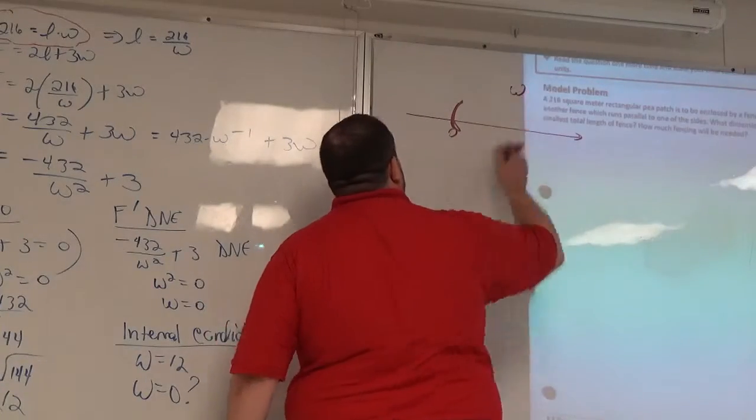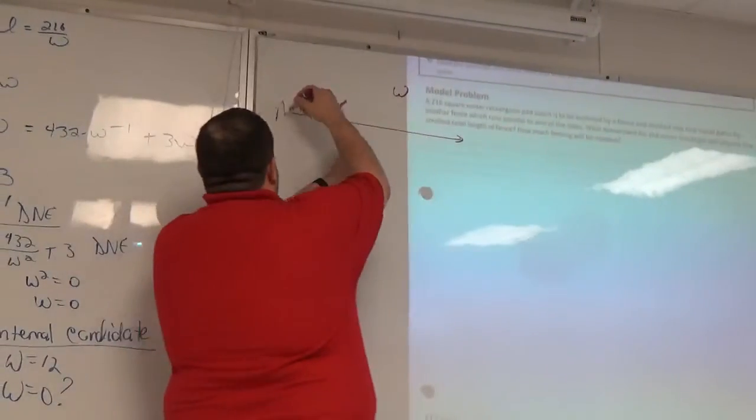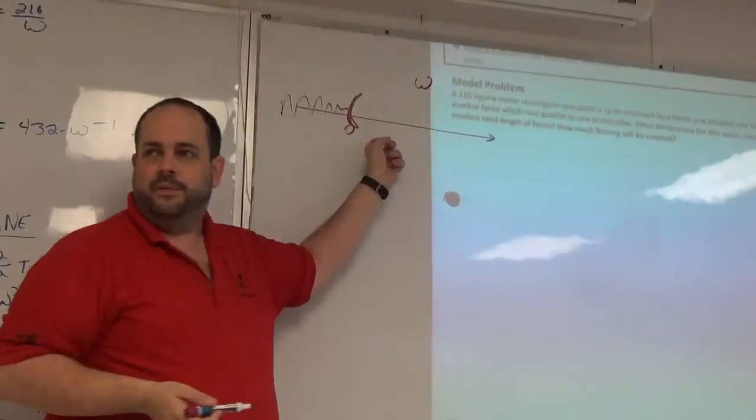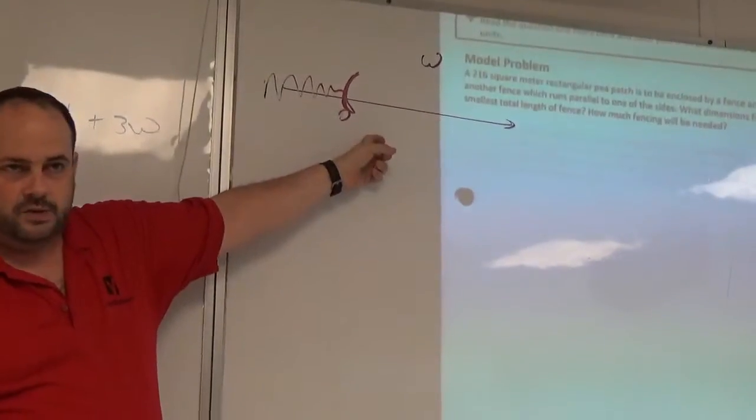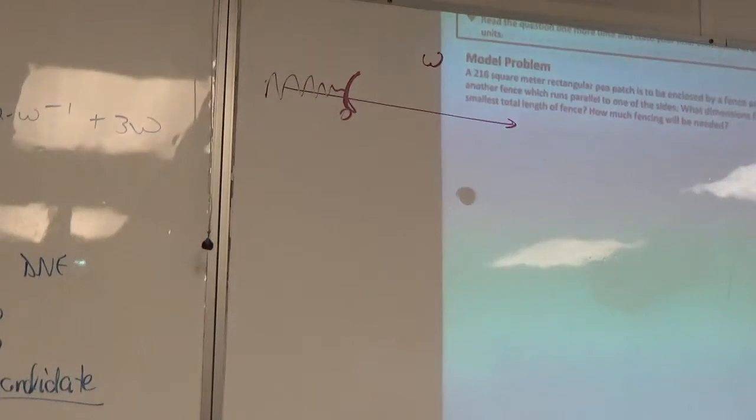If we're thinking about W, is everybody okay? We can't use 0. Clearly not going to use anything smaller than 0. What's the biggest thing I can use for W? 216. I knew that was coming. 215.999.